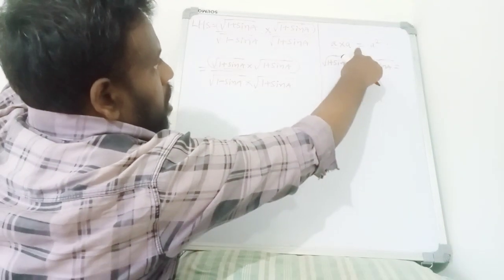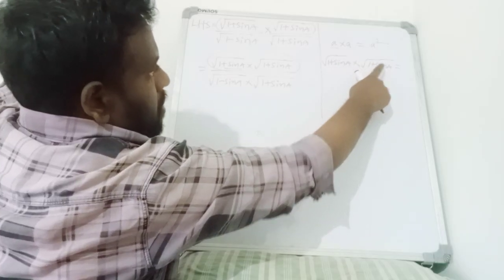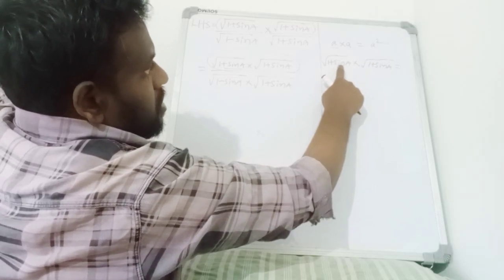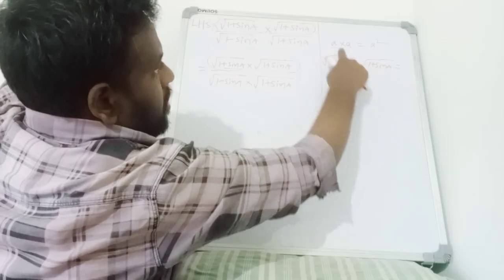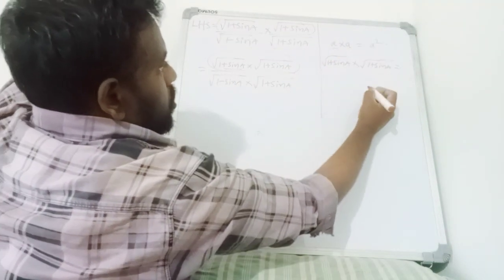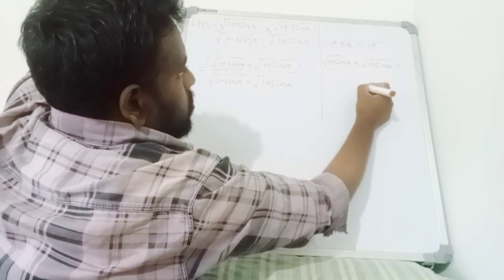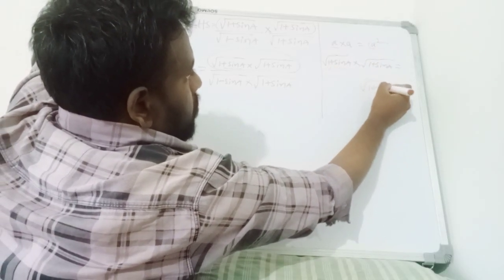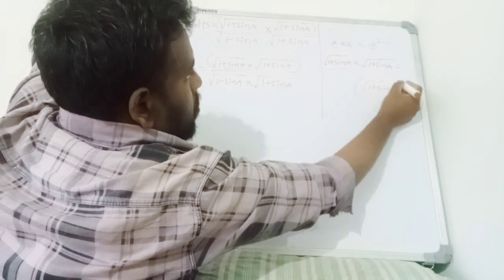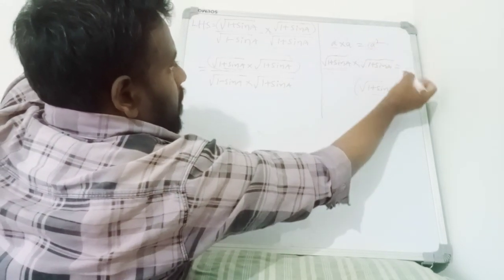So this is in the form of A into A, because if this and this are same, in place of A we have this. So A into A is what? A square. What is A? This one. So I will write that square root of 1 plus sin A, or bracket. A I have written. Next, square I have to write.